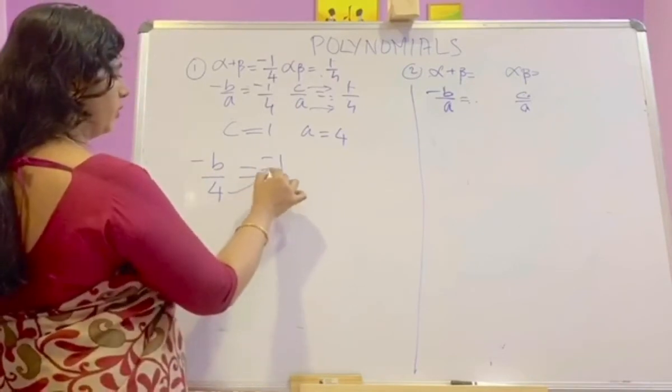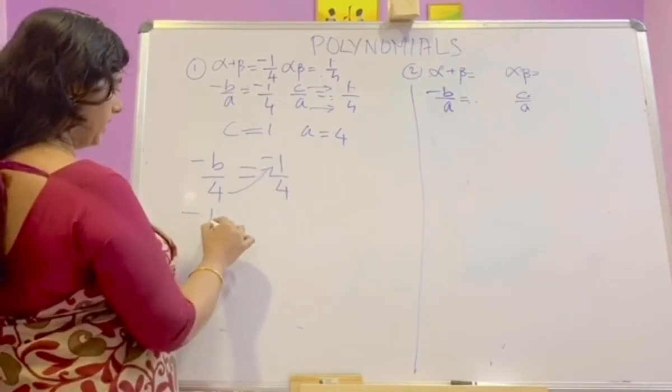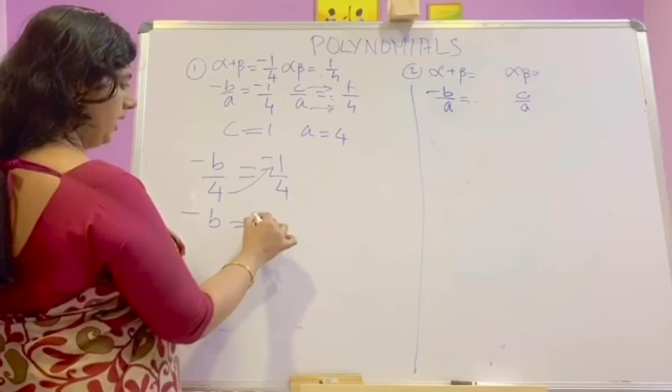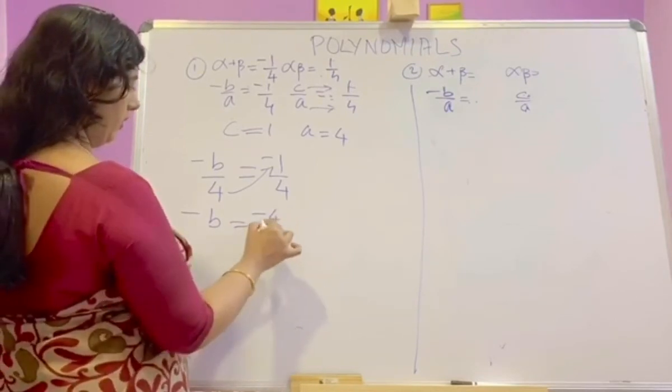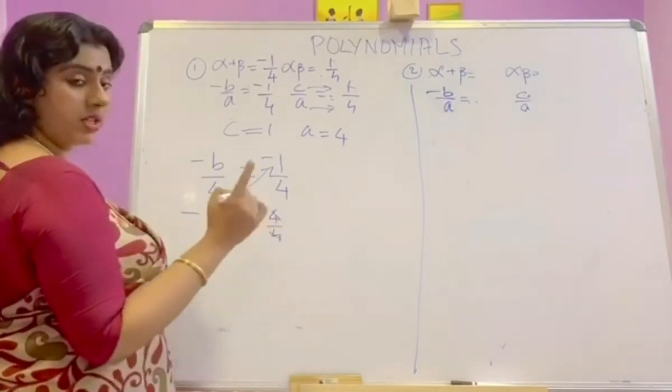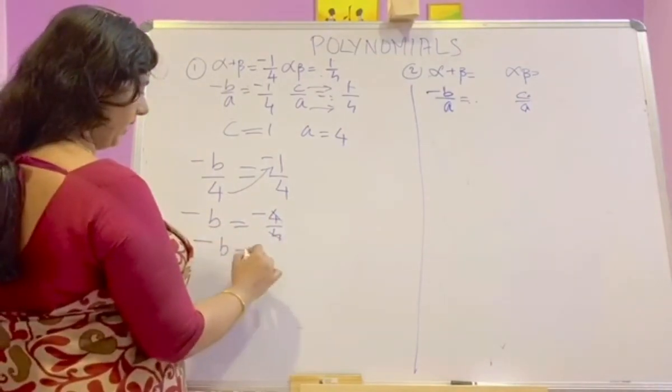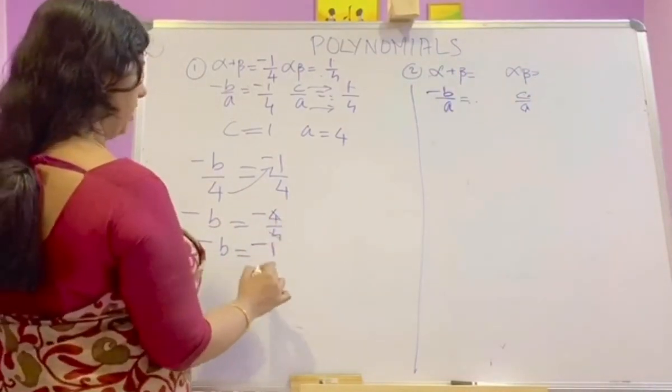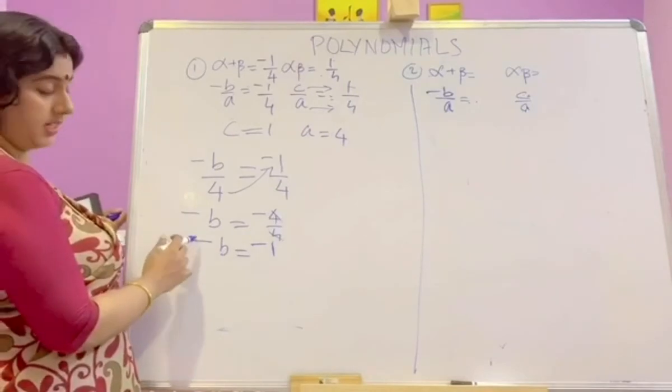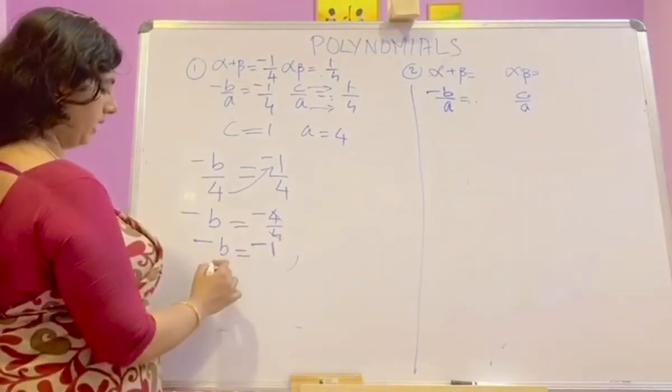Now taking this 4 to the side, it becomes negative b is equal to negative 4 by 4. That is 4 divided by 4 is 1. That is negative b equal to negative 1. Now we want to cancel this negative. So whole into negative.